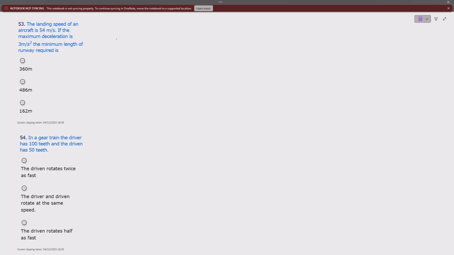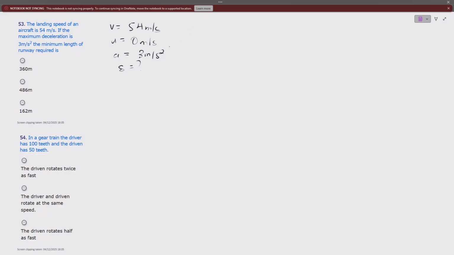Now let's list the parameters. So we have velocity equals 54 meters per second. That's the final velocity. The initial velocity, because it started from rest, although it didn't state in this question, is 0 meters per second. The acceleration or deceleration here is 3 meters per second squared, and you're looking for the distance.